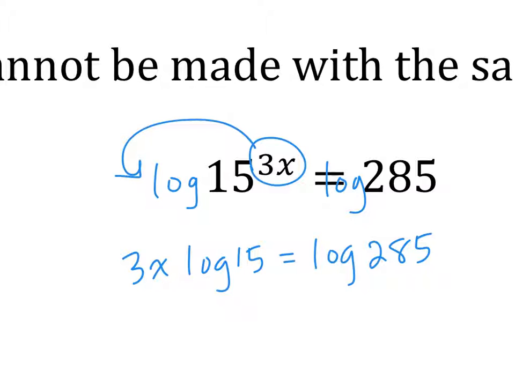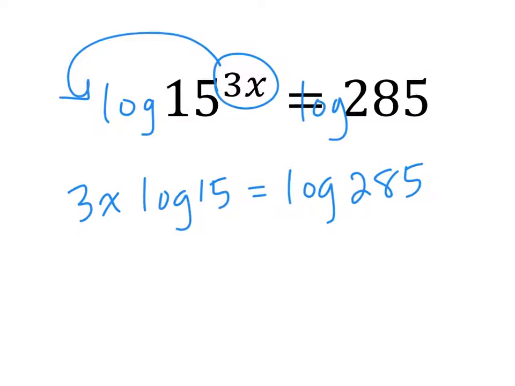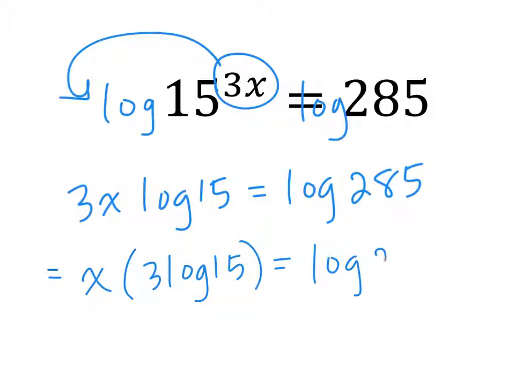Remember I am trying to solve for x. Log of a number is really just a number, because if you type it in your calculator, that's just a number. So I can move this around. So this is x times 3 log 15, because that's just all numbers, equals log 285.